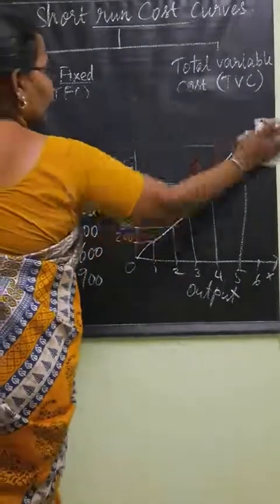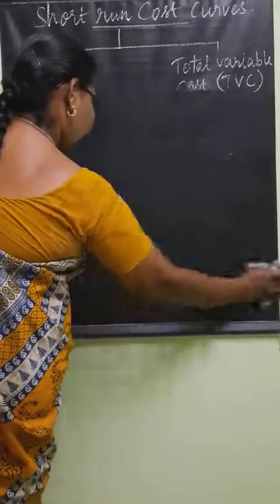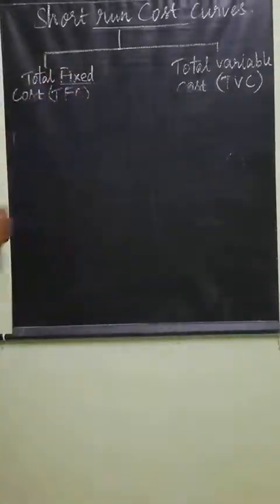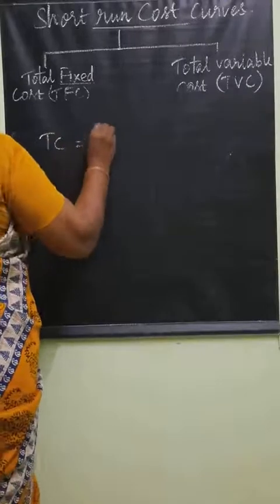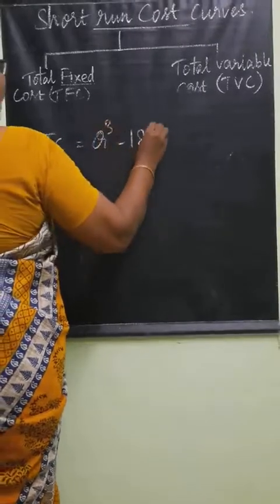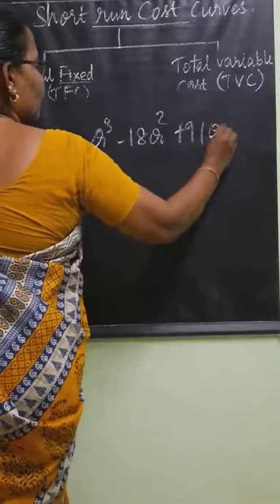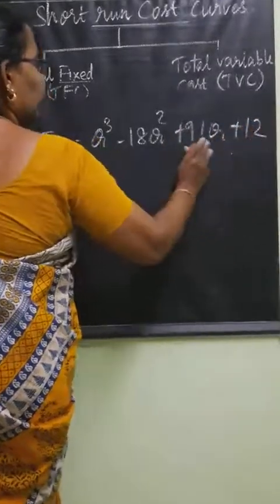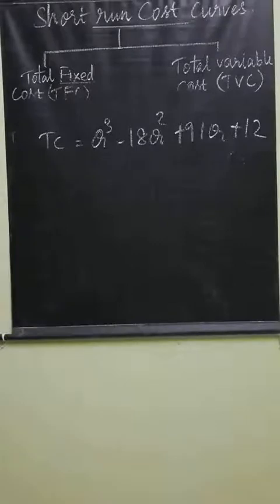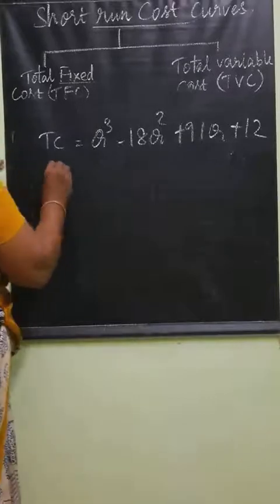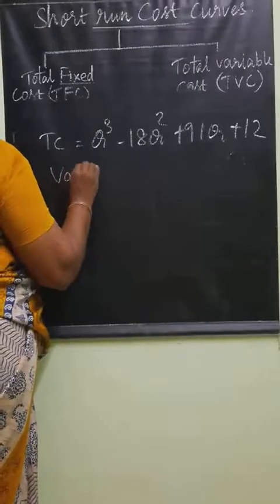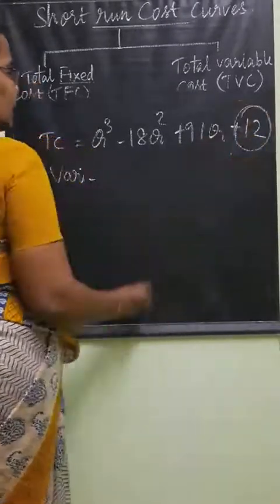Now, if you place that same example, Q cubed minus 18Q squared plus 91Q plus 12, the variable cost, what is the variable cost? This I already told, 12 is the fixed cost.